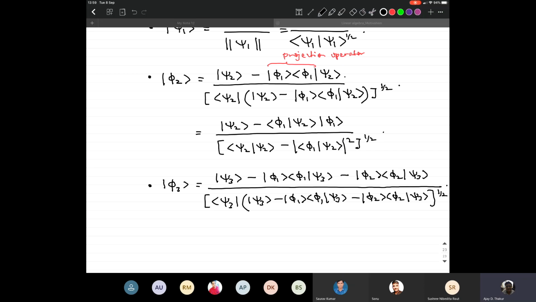This essentially is the recipe, and a single step of simplification would tell us that this is like finding psi3 minus a component along phi1. Because the phi1 psi3 dot product is a number, it's phi1 psi3 along phi1 and minus phi2 psi3 along phi2.